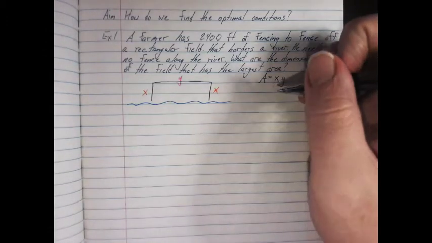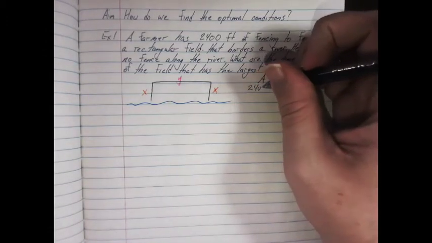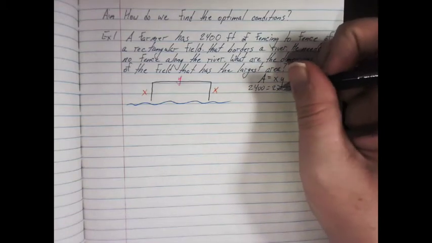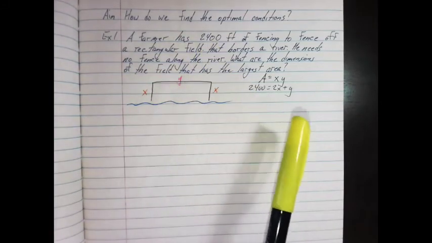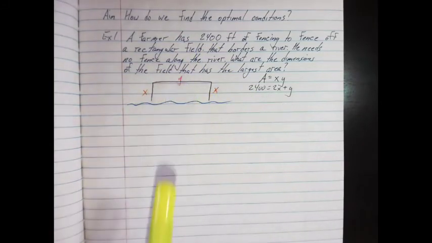Area of a rectangle. But the other equation that we can say is that 2,400 is equal to 2x plus y. The 2,400 came from the fact that he has 2,400 feet of fencing, and 2x plus y has to add up to 2,400. We're going to first make our area problem into a one-variable problem.